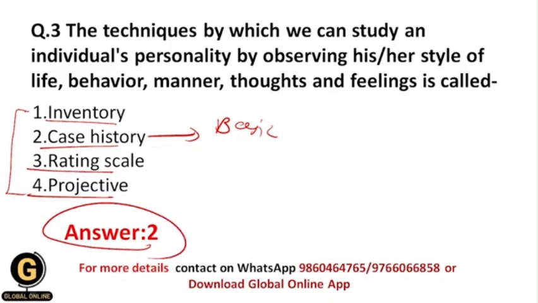And the other options such as inventory, rating scale, projective are also techniques, but these are techniques by which we can't study an individual's personality by observation. Okay, and that's why the correct answer is 2, that is case history.